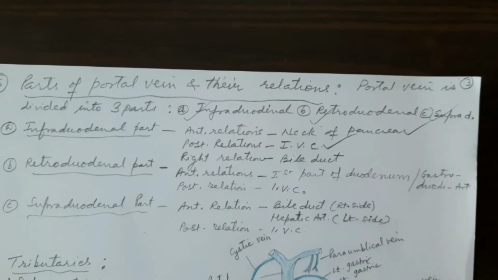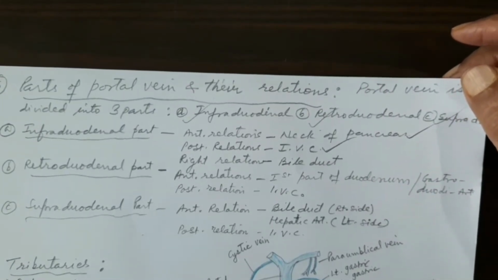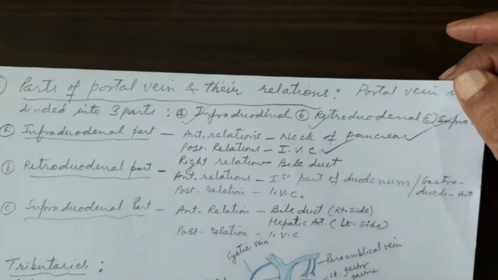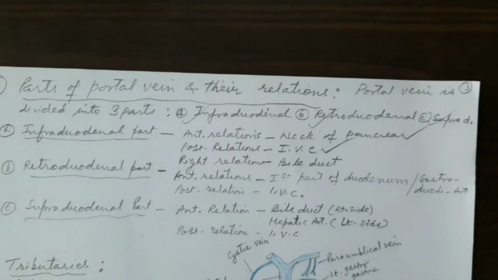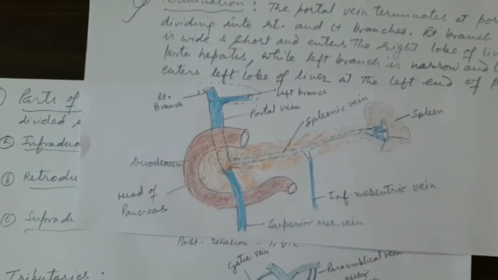What is lying on the right side of the portal vein in its infraduodenal part? It is the bile duct. This is the bile duct when it is going to open into the second part of the duodenum. It is close to it, and it's on its right side, in the infraduodenal part. Let us see this. See here, this is that part.